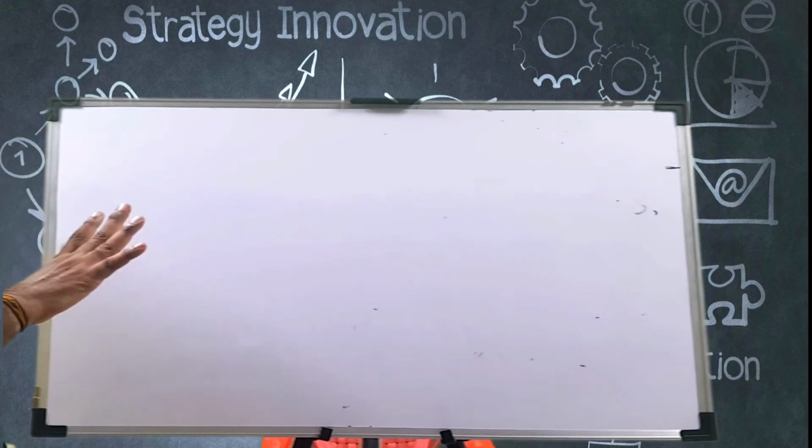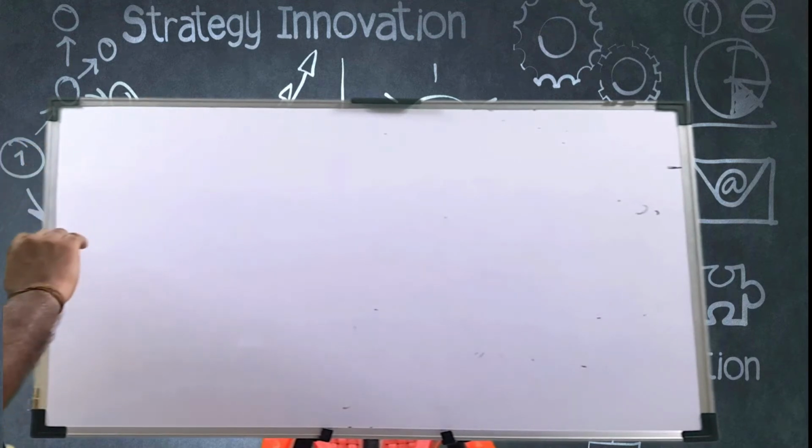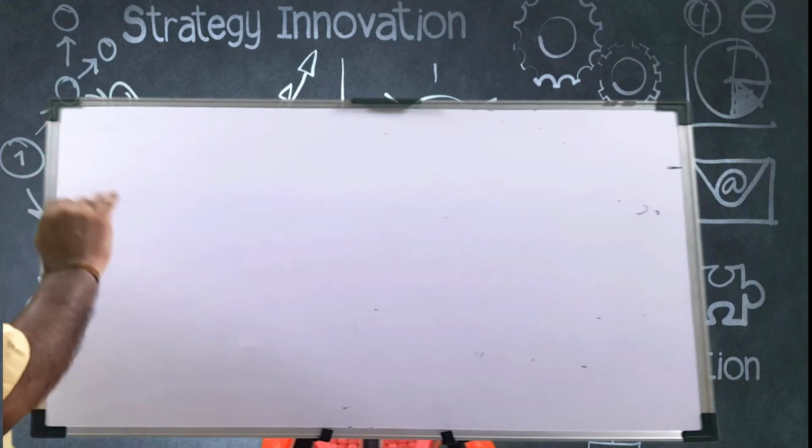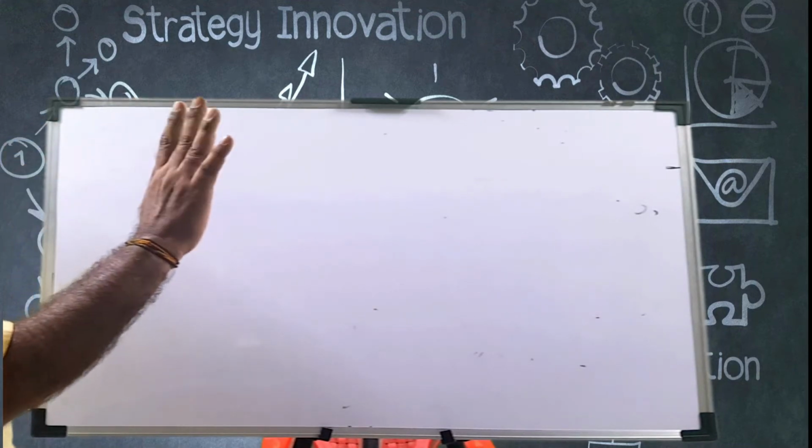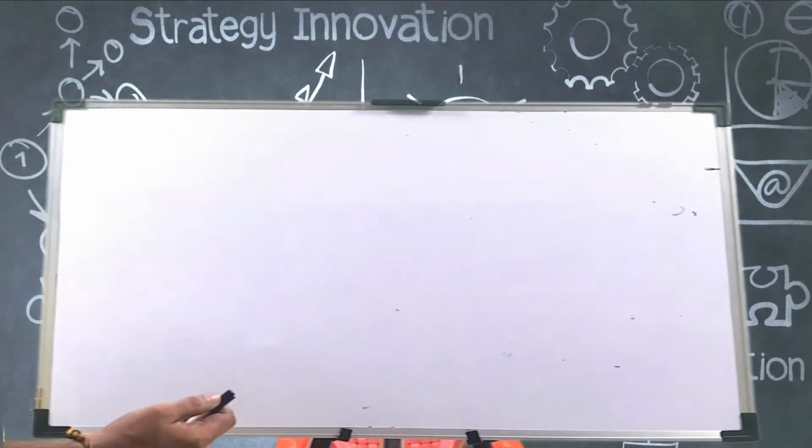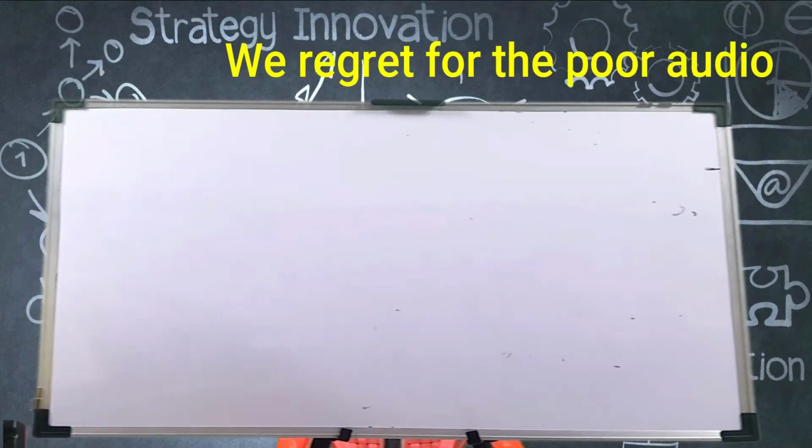So our next topic is the force experienced by charged particles, or we can say a current carrying wire, placed in a uniform magnetic field. So let's do a derivation.